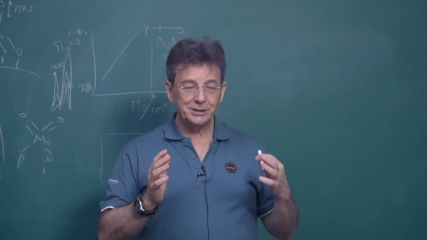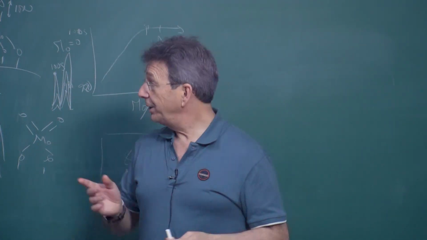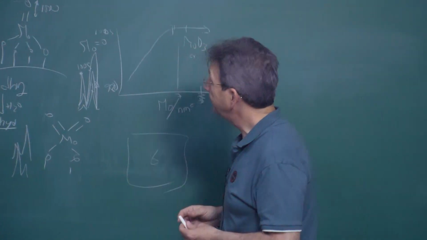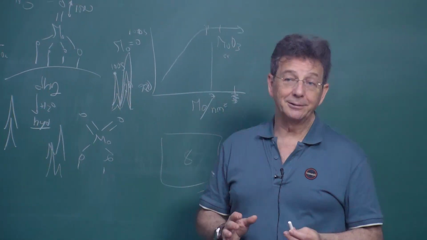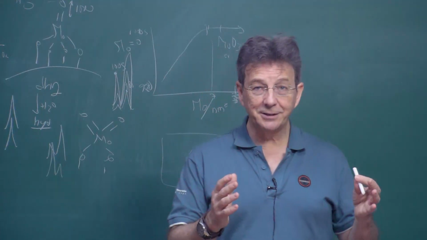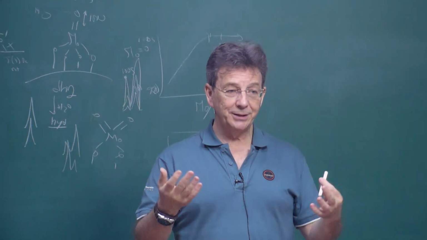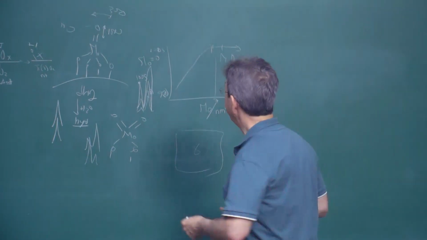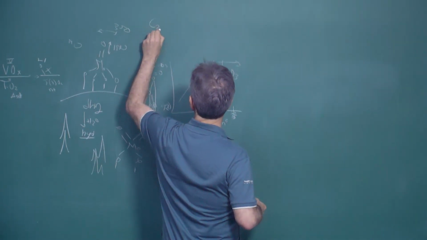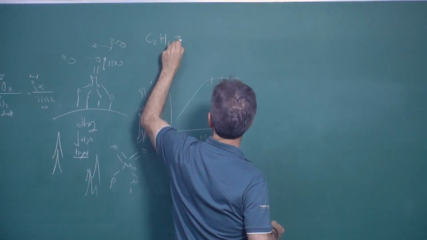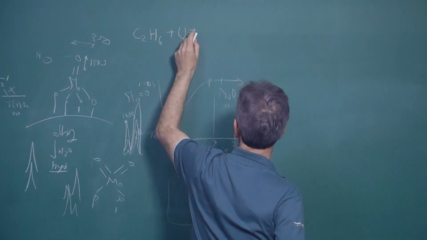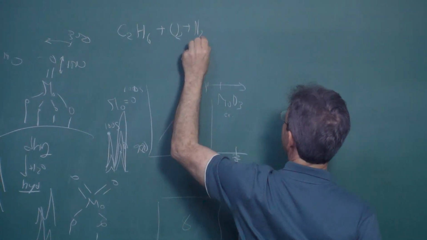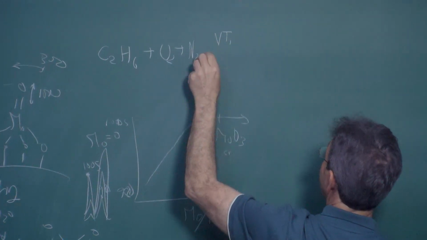So we wanted to explore the boundary conditions. When you are doing ethane oxidative dehydrogenation, this is a redox cycle. And in a redox cycle, the catalyst is being reduced and reoxidized continuously. So you are feeding ethane, which is C2H6, plus oxygen plus argon or nitrogen or whatever on the catalyst, vanadium titania.